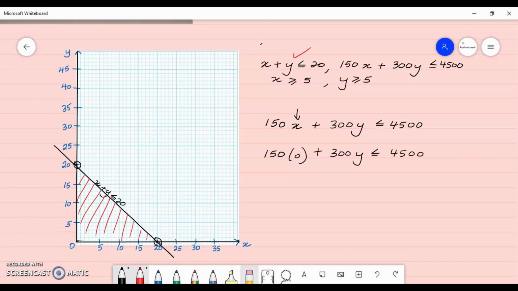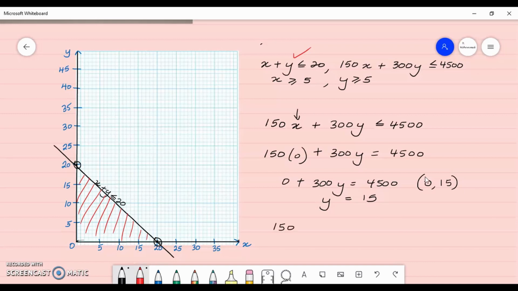And remember, in order to put this on a graph, we will pretend that this is an equation we are working with. So it becomes 0 plus 300y is 4500. So we are going to get y is equal to 15. Now I have my first point, x being 0 and y being 15.